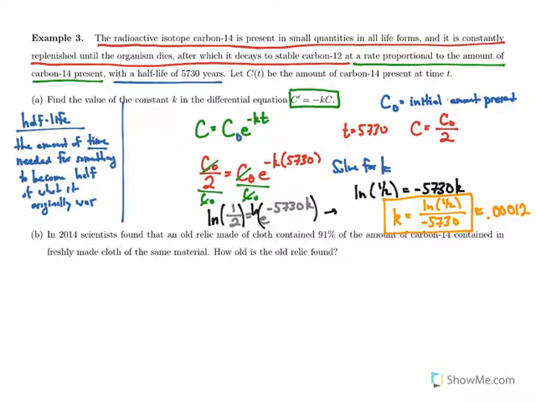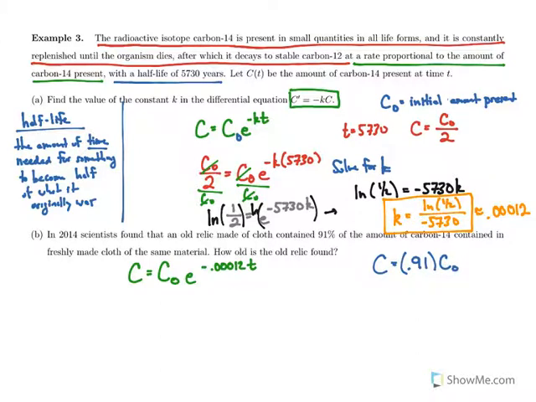And we're going to set up a similar kind of thing here. We have C is equal to C naught e to the negative 0.00012 t. And what we're saying is that C is going to be 91% of C naught, 0.91 of C naught.